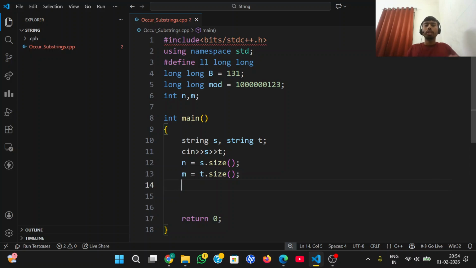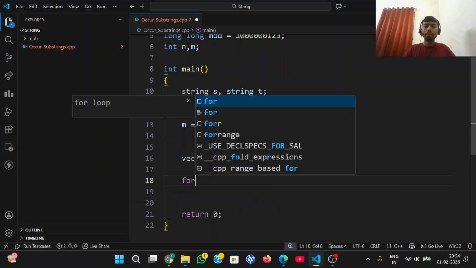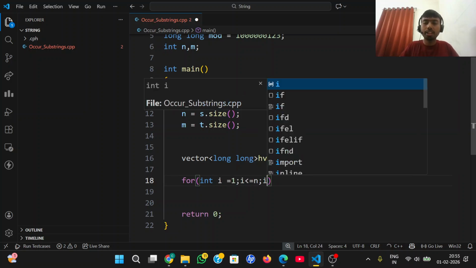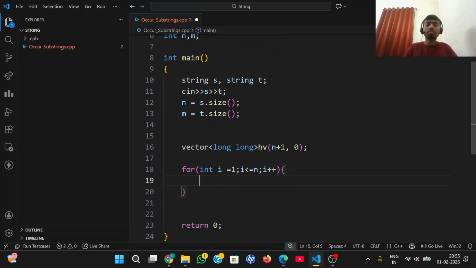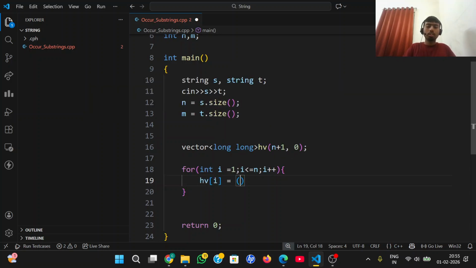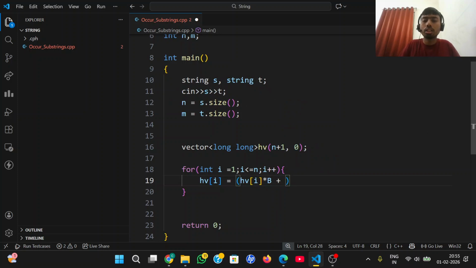So let's first calculate the hash vector of string s. We keep hv of size n plus 1, with 0 at the start, then start with index 1 and go till index n. What do you have to do? You have to do hv of i is equal to hv of i minus 1 multiplied by b plus the value of the character.